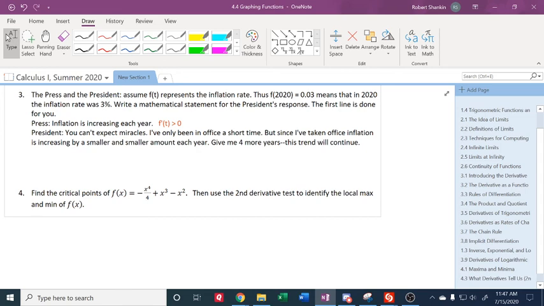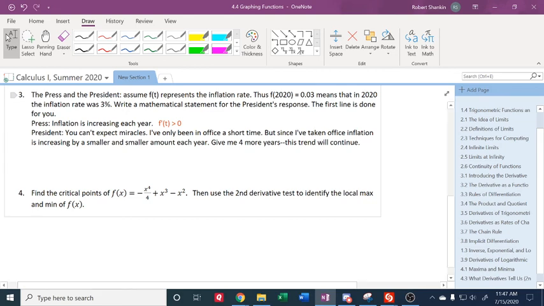Especially people that donate money to presidential campaigns usually have an interest. Businesses have lots of money to give, and they have business interests, and they want to see the economy do better, and they want the inflation rate to go down. So the instructions are to write a mathematical statement for the president's response.